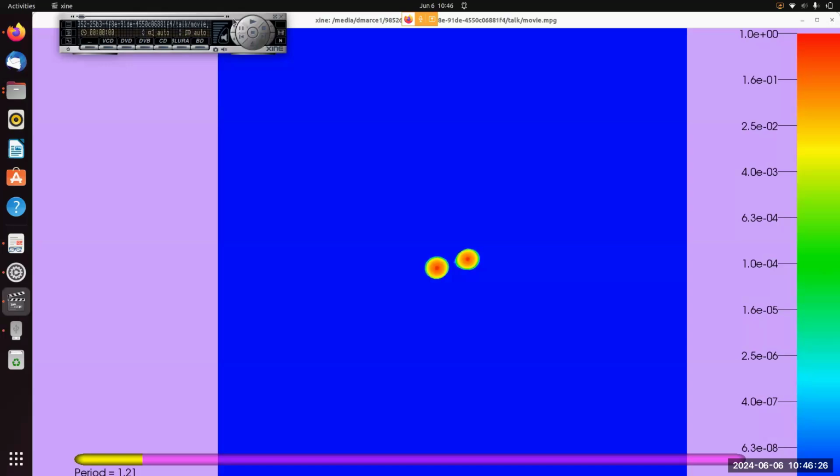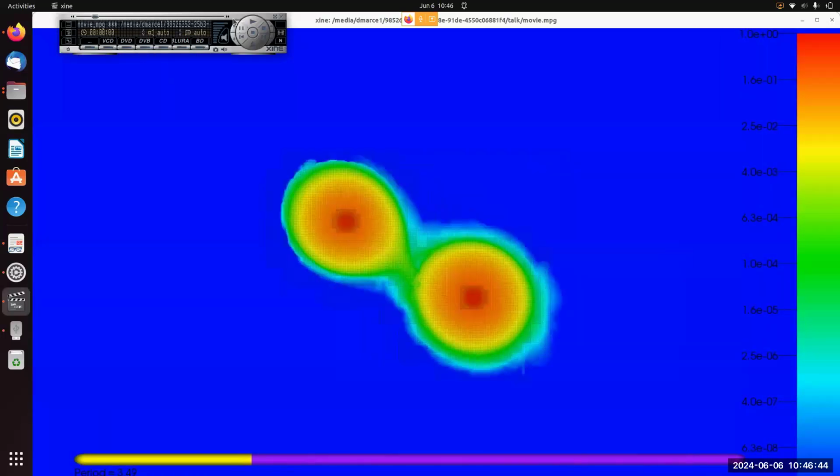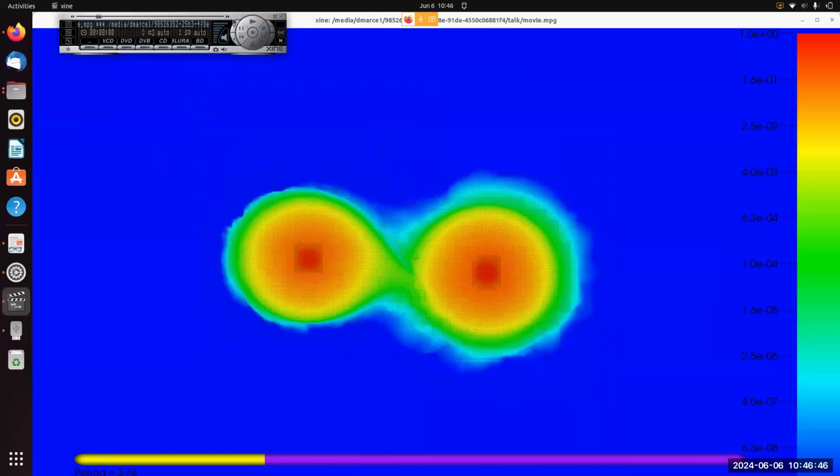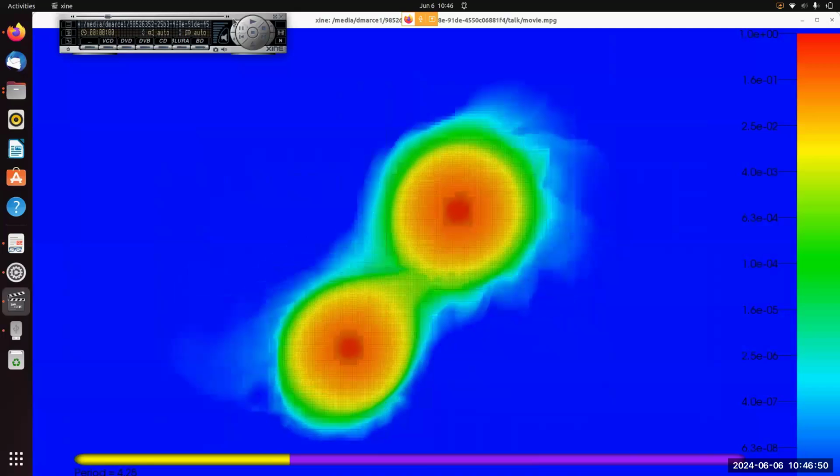So the cores have a density discontinuity, a factor of 2, and show different features. We had extra resolution at this discontinuity.